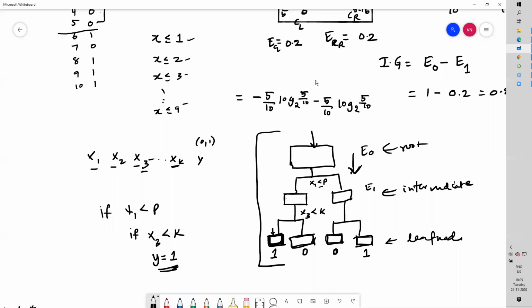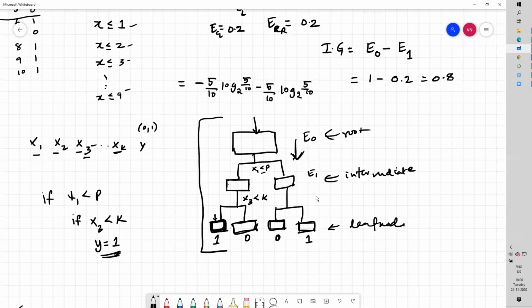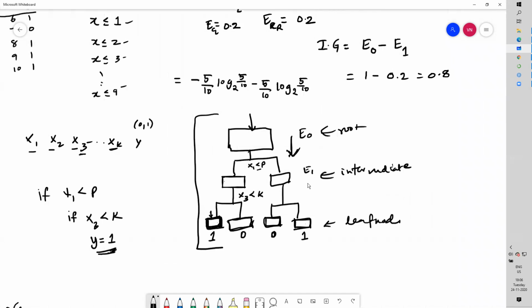So this tree learning process will continue as long as we are able to decrease the entropy, or decrease the Gini, from the parent node to the child node. And this tree doesn't have to be symmetric. Like I have drawn a symmetric tree here, it doesn't mean that it has to be symmetric.